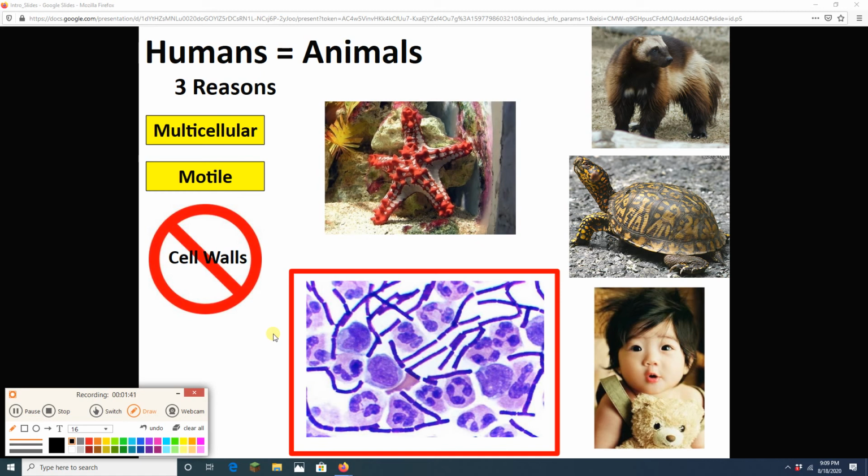To illustrate why this is kind of cool, I want to point your attention to this picture right here, boxed in red. In this picture, we see some human white blood cells. There's a human white blood cell right there. All these guys are human white blood cells. But then there are also these purple things. The purple things are bacteria. Now, these bacteria have cell walls.